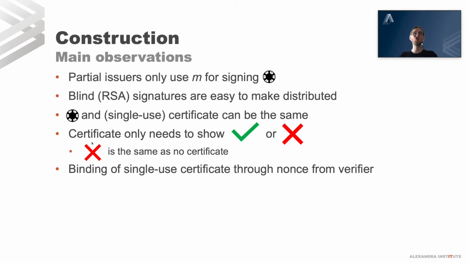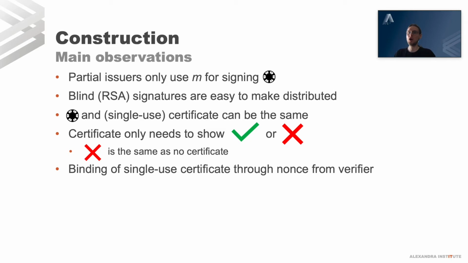Now, the most crucial observation here is the fact that for digital health passports, what we actually need from this certification is that it must just show yay or nay in most use cases. Basically, you just want a bit indicating whether a user is infectious, has a risk of being infectious or not.